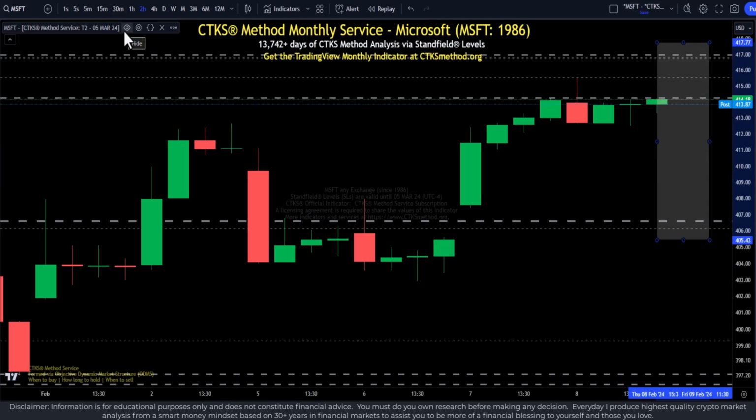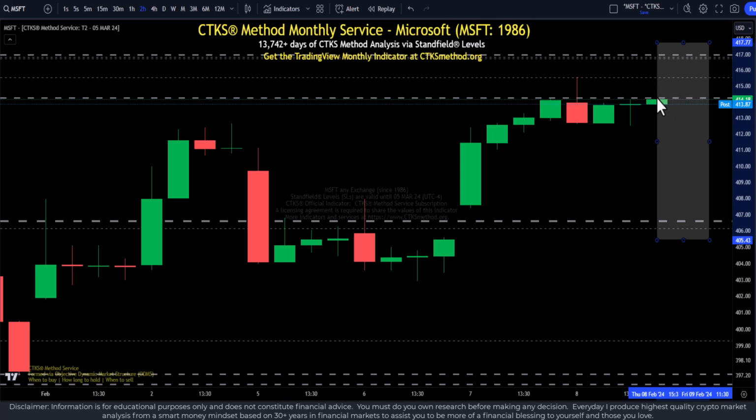Let's have a look. What is Microsoft doing? Let's throw on the structural levels and see what it's telling us. What you're literally seeing is the reality of the market. All of this area is very strong structural resistance, and there's a lot of different layers here. It's important to know where this exists because it's going to be hard for it to get through unless certain conditions are met.